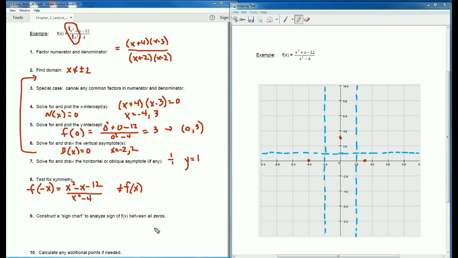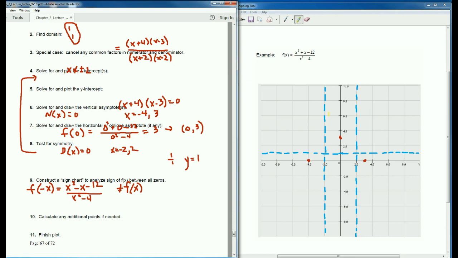Construct a sign chart. Okay, let me scooch this down a little and then just do a little erasing here. So just to analyze the sign of f of x between the zeros. So the zeros are at -4.